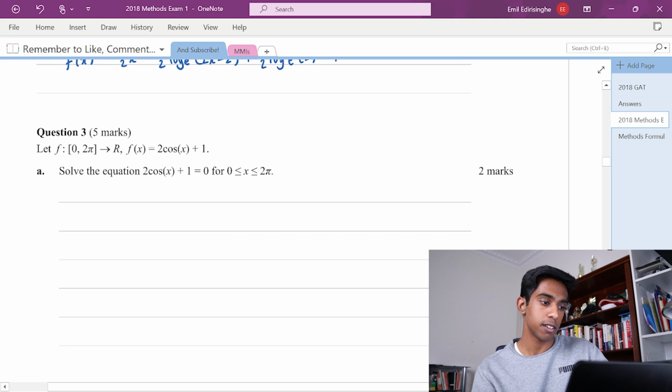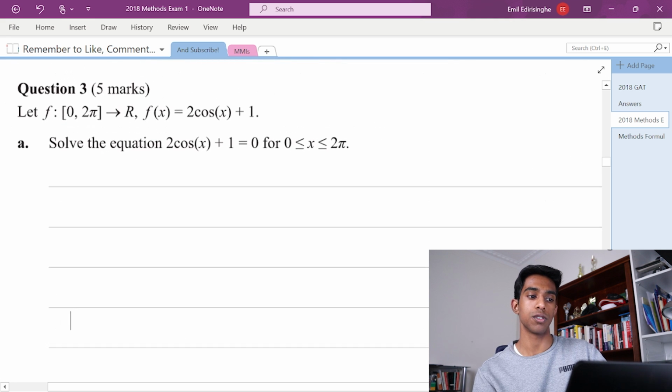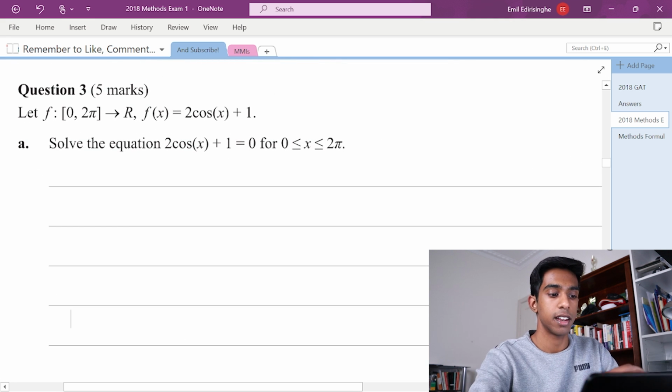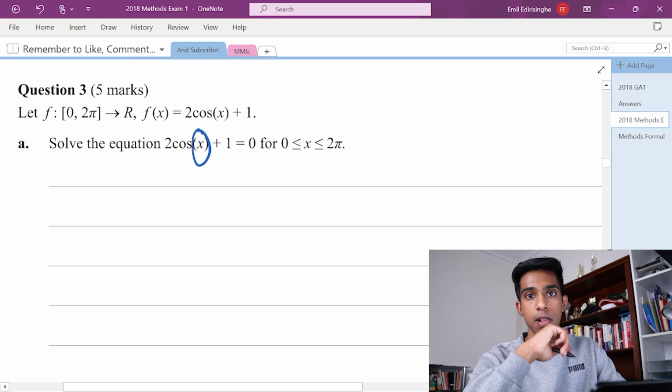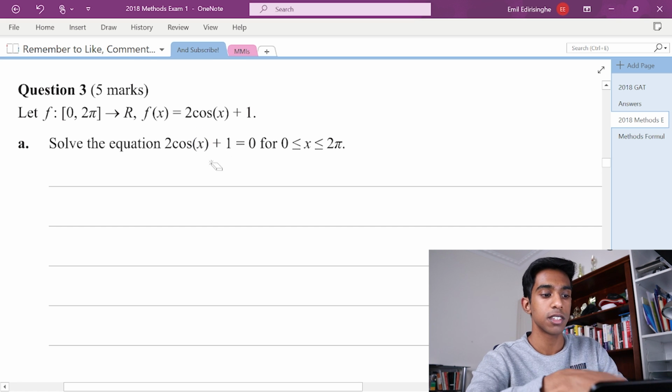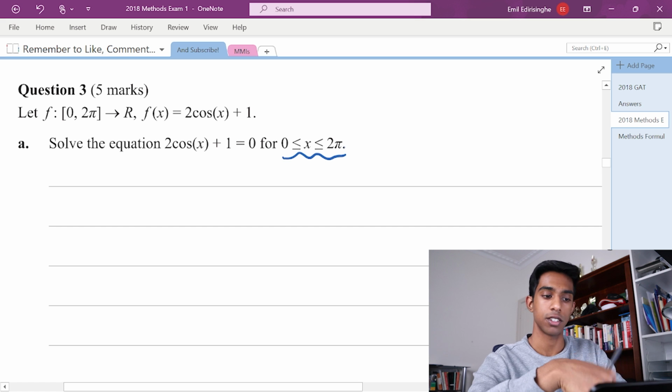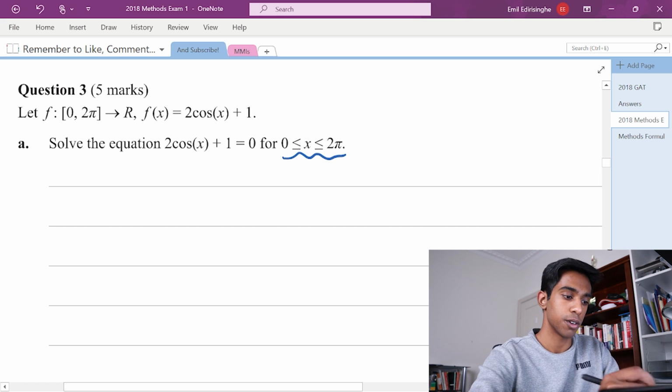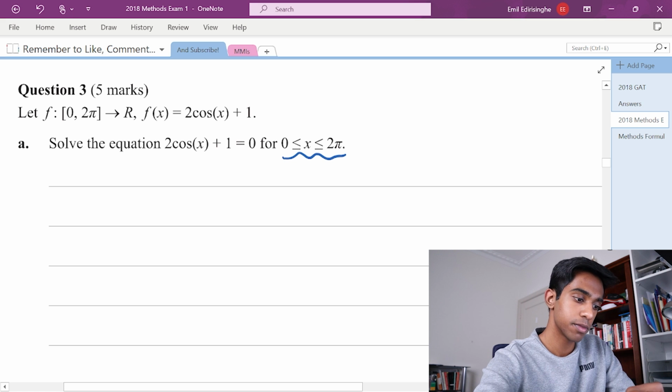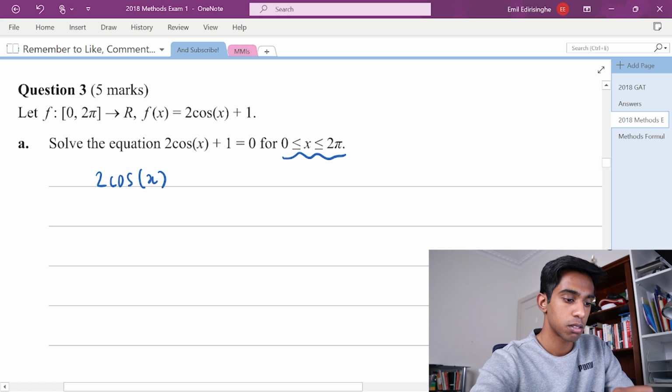So the first part of this asks us to solve the equation 2 cos x plus 1 equals 0. And I know that there's no multiplier on the x. So because there's no multiplier on the x, I don't actually need to change the domain of this solving. So we'll go 2 cos x plus 1 equals 0.